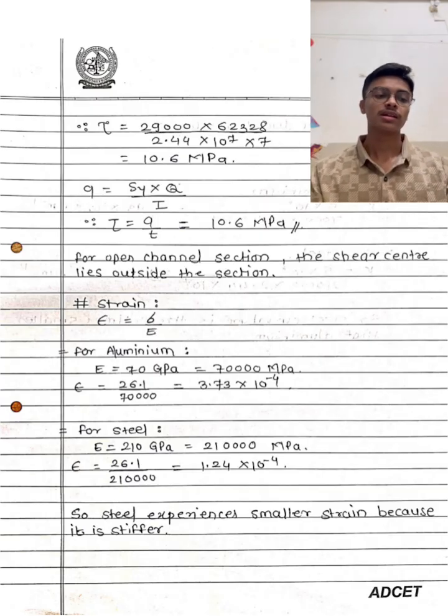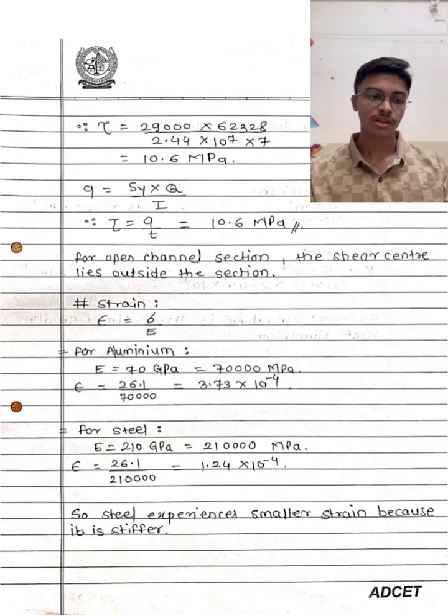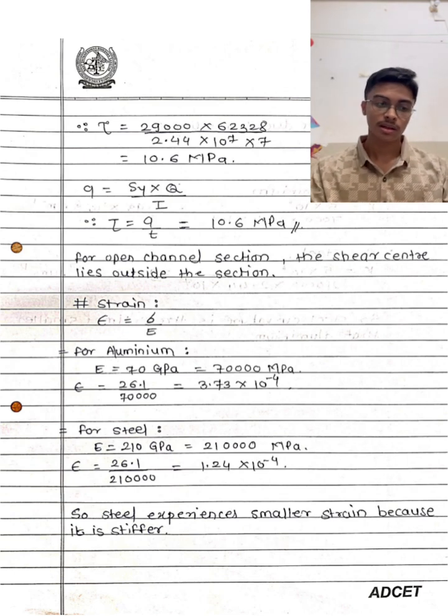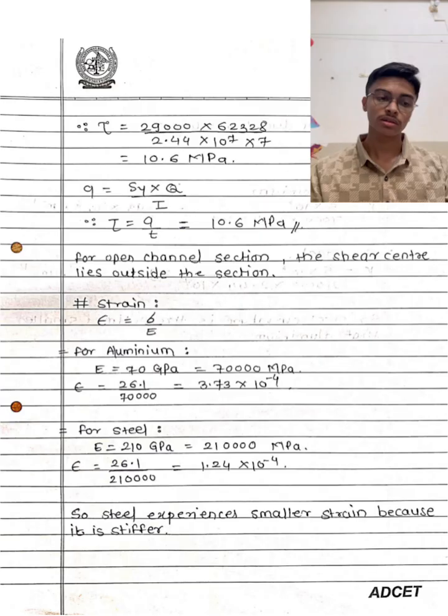For strain, epsilon is equal to sigma by E. We calculate for aluminium first. For aluminium, we have seen the material properties, that is E is equal to 70 GPa, so epsilon will be 26.1 divided by 70,000 MPa. 70,000 is in MPa, converted from GPa.